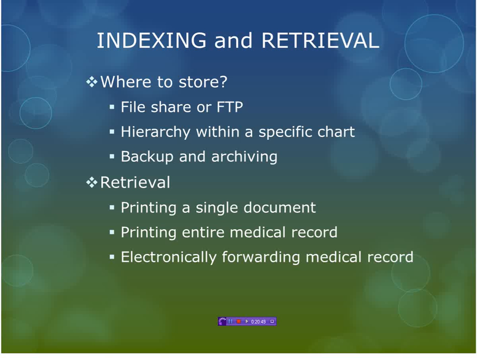Hierarchy within a specific chart. The first thing is how you're going to scan the document, but the second thing is how you're going to identify it and what that workflow looks like to display it within the chart. For instance, some of the challenges we have right now are if a document isn't labeled just right, or that barcode I talked about isn't quite right. We've got physician notes when they're electronically created, meaning the doctor goes in and uses a template and clicks about in the template to do his documentation, versus when a doctor actually dictates.